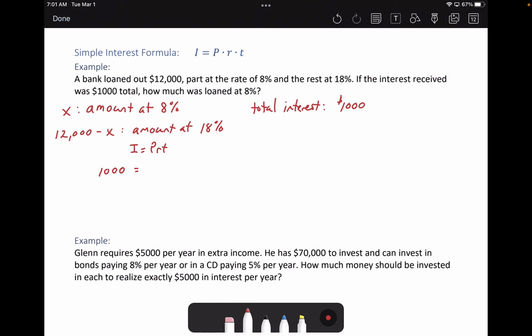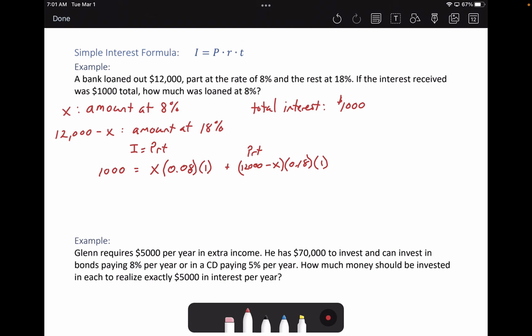The first one is 8%, so X times 8% times 1 year. And then we'll add another PRT. The principal on the second amount is 12,000 minus X times its rate, 18%, times its year, 1.